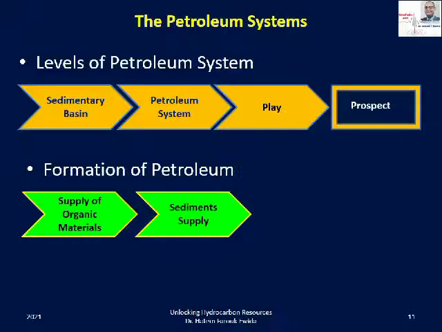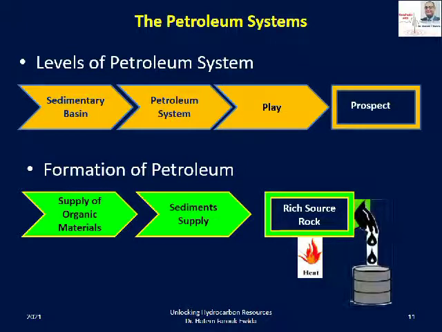Is there sediment supply or not? If I have sediment supply and enough organic material, I will end up with a rich source rock, a sedimentary rock rich in organic material. If it is subjected to heat and pressure, then I will have a formation of hydrocarbon, or petroleum in general.